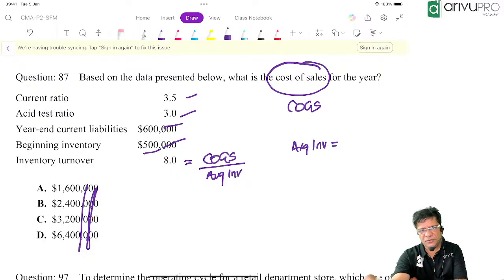Beginning they have given you 500 plus ending, we don't know, divided by 2. Okay. Ending how much? Inventory. Huh? 300. Ending inventory how much? 300. How?